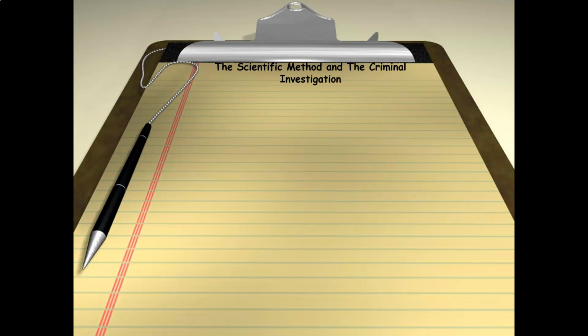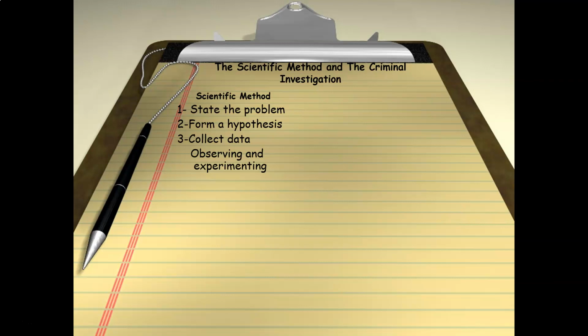It makes you go through the scientific method, and you know the scientific method. It's probably been pounded into your head over and over again since you were in elementary school. Right? So in the scientific method, you look at the system and you state the problem. Okay? You form a hypothesis for it. You collect data. And that data collection means that you observe and you experiment.